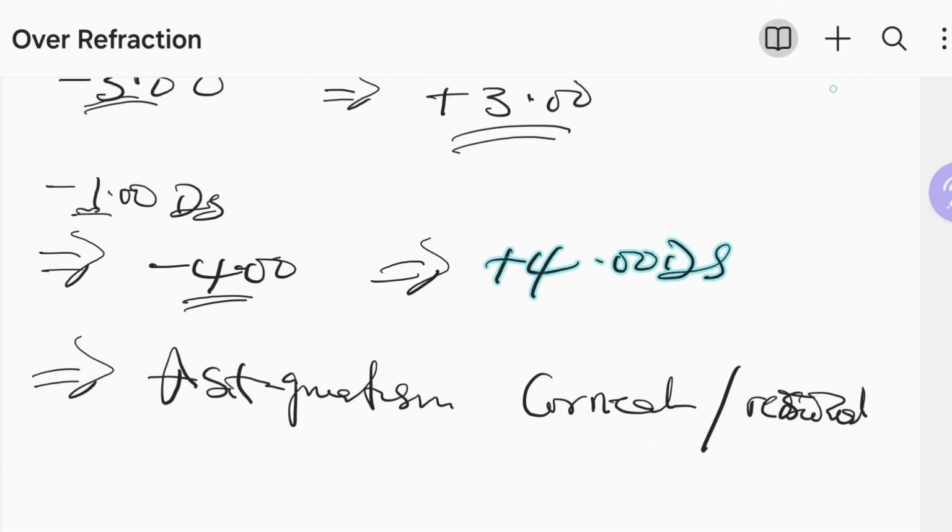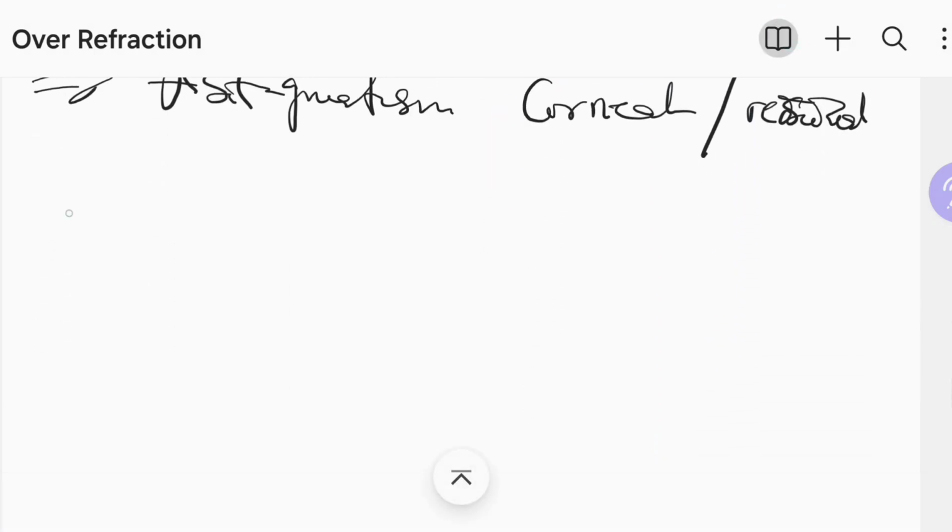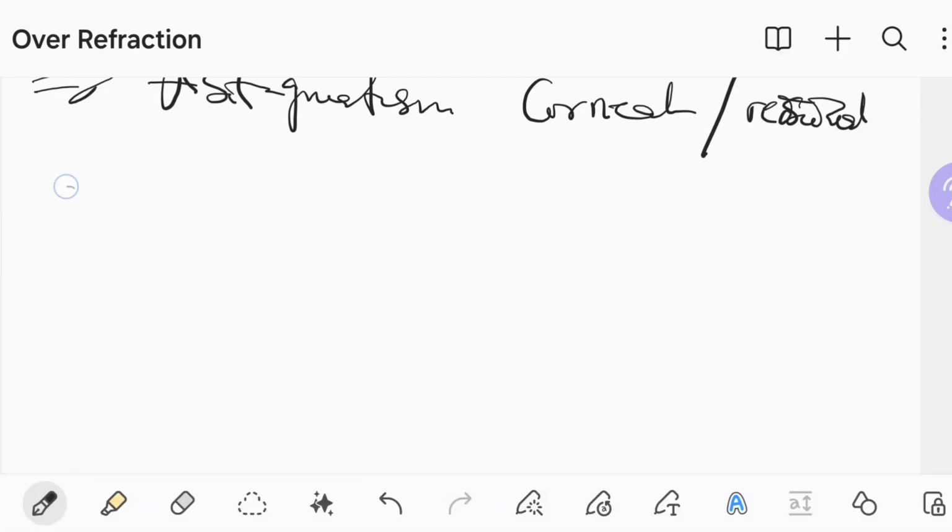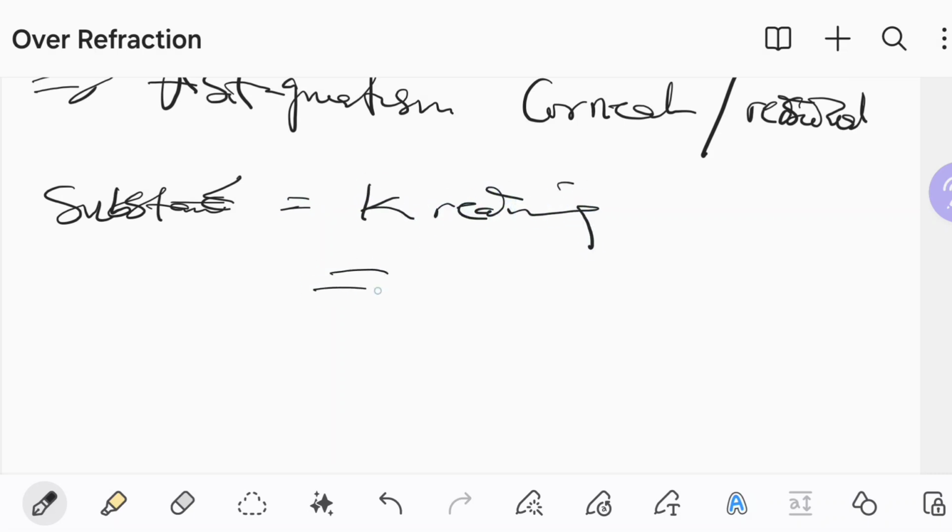You confirm that you have corneal astigmatism if, once you subtract your K reading, it gives the same value as the cylinder value on your prescription, then the astigmatism is corneal.